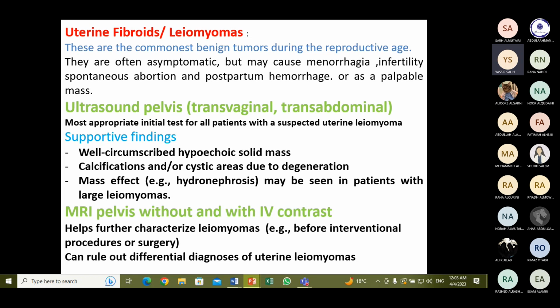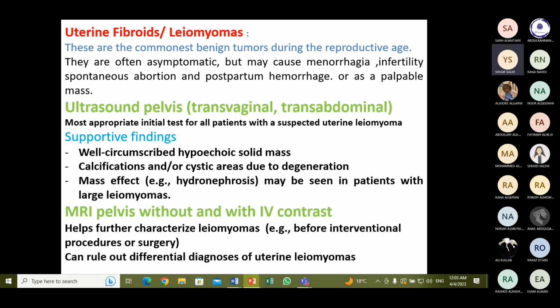Or sometimes we find a cystic area within the mass due to degeneration of this tumor. Sometimes the fibroid is very sizable. It can cause pressure on the kidney or the ureter, causing hydronephrosis, meaning dilatation of the pelvicalyceal system.